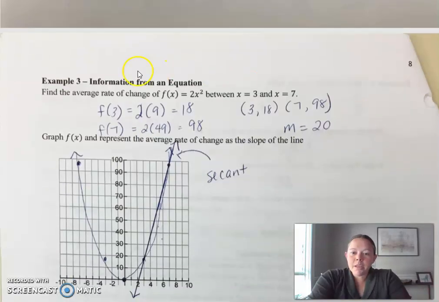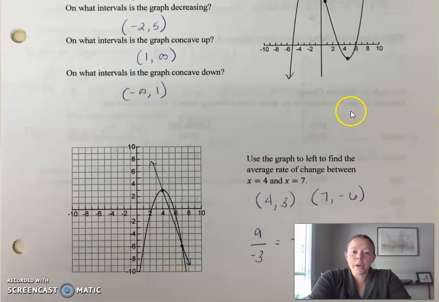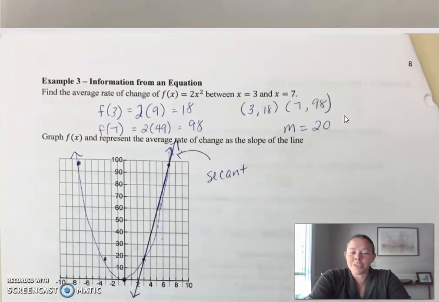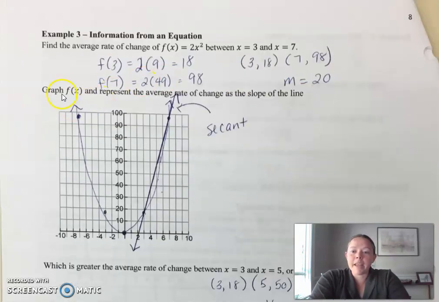Okay, example 3. So information from an equation. As you can see, we've done table, graphs. Now we're doing equations. We're hitting all the bases here. Find the average rate of change given the function between x equals 3 and 7. So plug those numbers in to get your ordered pairs, and then just simply find the slope of those 2 ordered pairs. Okay? And then it has us graph the function, which we did, 2x squared.